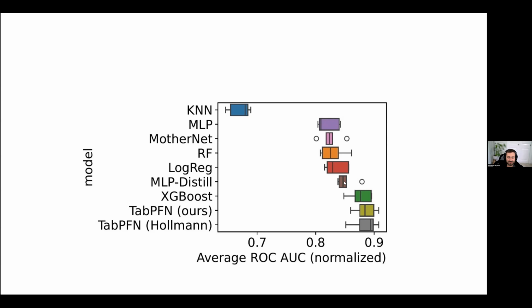And here, actually, we fixed the architecture, fixed learning rate, everything across all the test data sets, and used TabPFN as a training algorithm. So in a sense, ideally, I would like MotherNet to be the same as TabPFN.